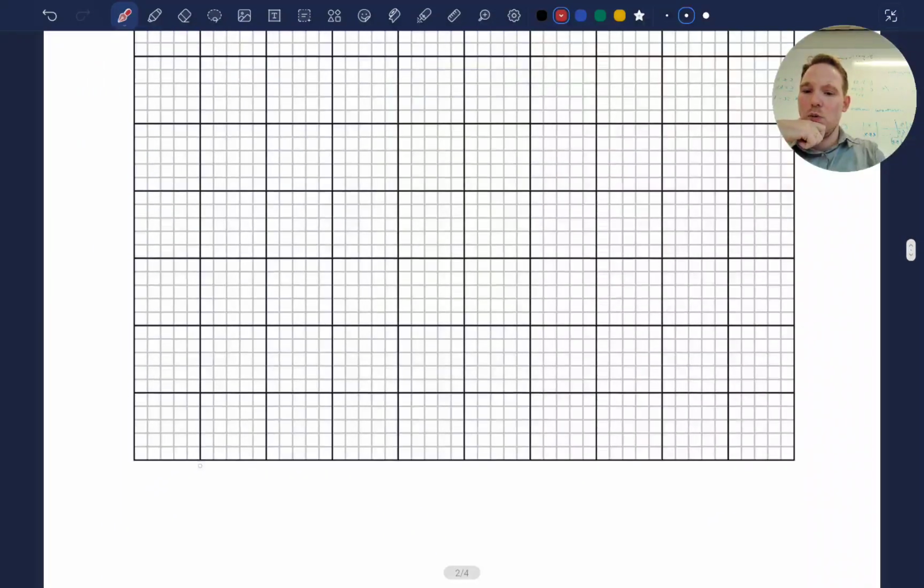So let's see, 1, 2, 3, 4, 5, 6, 7, 8, 9, 10. I've got 10 of those spots, so maybe a nice scale would be steps of 2. Yeah, very good, Kata. Steps of 2. So this way we will make sure that we can put even the 20 value in our nice graph.